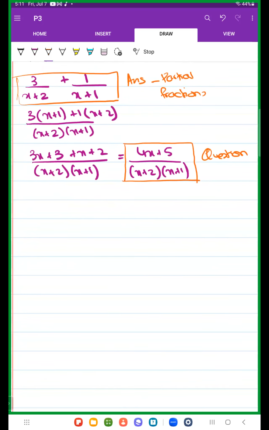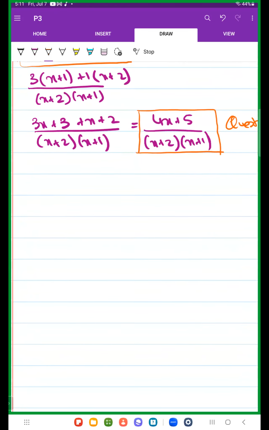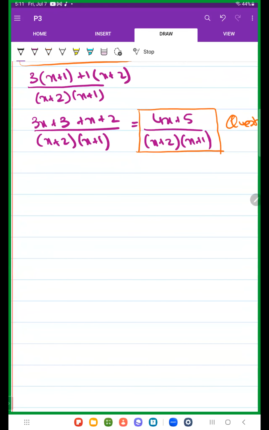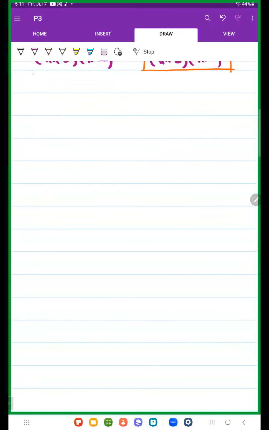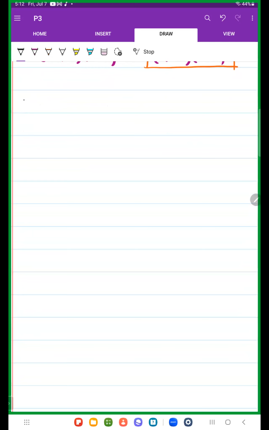So there are 3 types of partial fractions that they can ask you. First is the linear form.